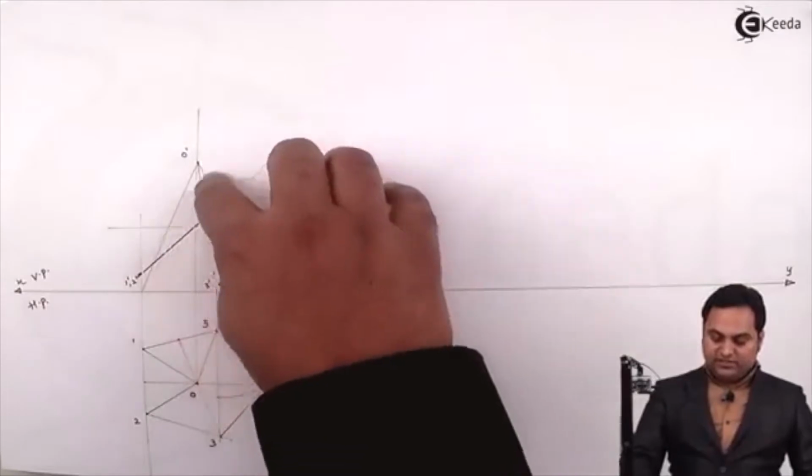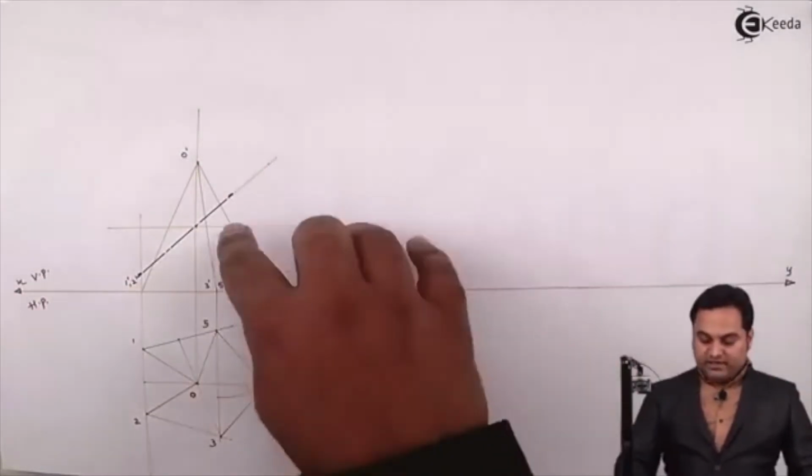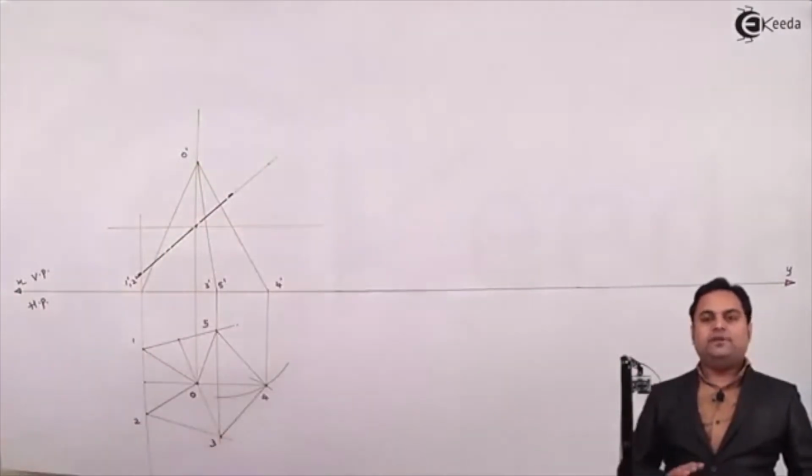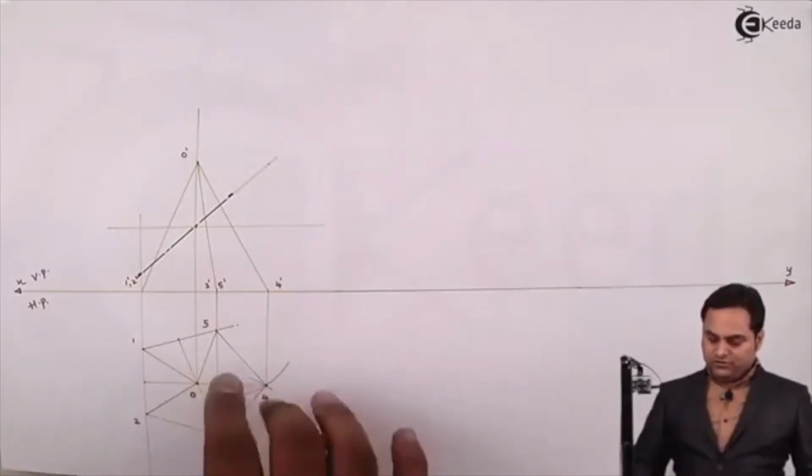It means whatever is there at the top, that has been removed, and whatever is there at the bottom, that has to be made dark because it is retained. So I'll make it dark.